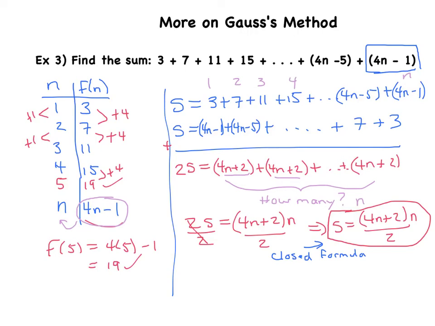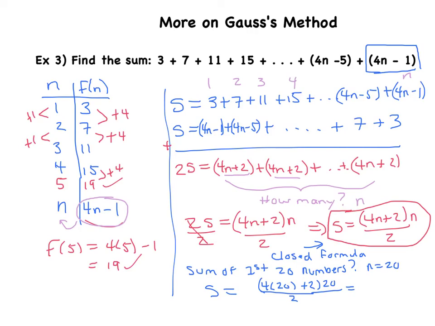And we're now able to answer many questions. If I wanted to know what's the sum of the first 20 numbers on this list, well, all I need to do is plug in 20 for n. So S is going to be 4 times 20 plus 2 divided by 2 times 20.